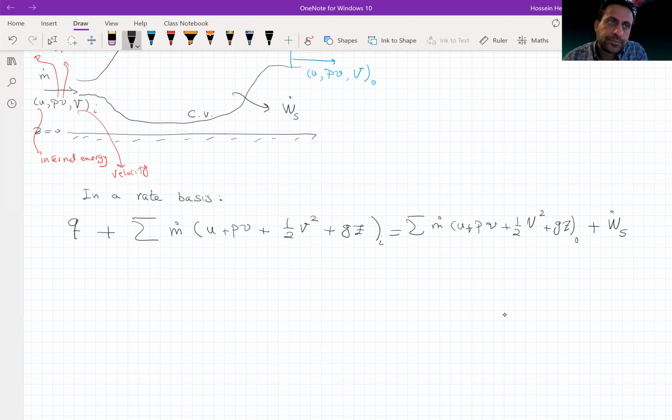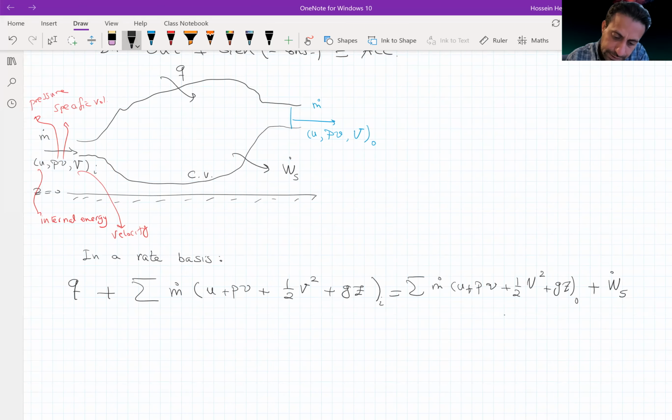Now, I missed adding one point here, which is the elevation. If I put the elevations here, this is going to be Zi. Inlet and outlet could be at different elevations for this control volume, and this is going to be Zo.